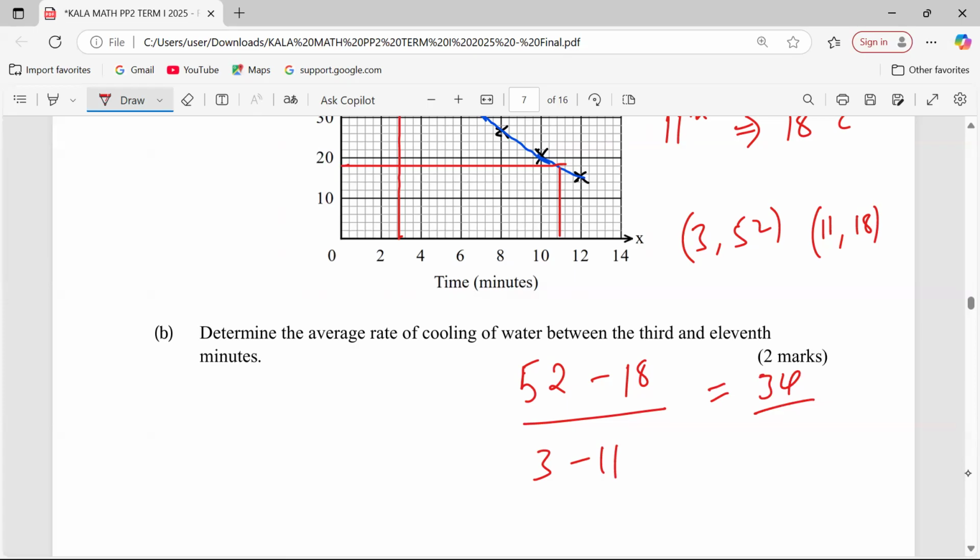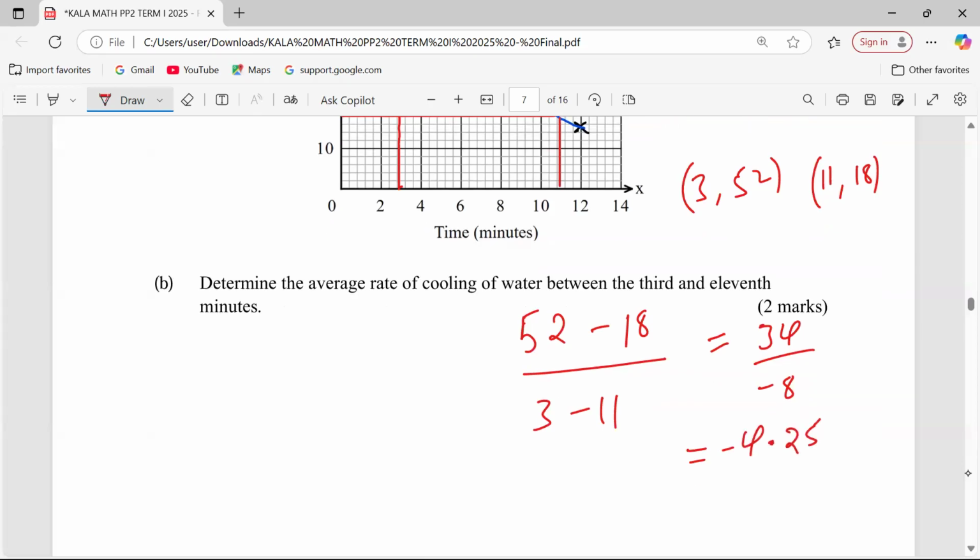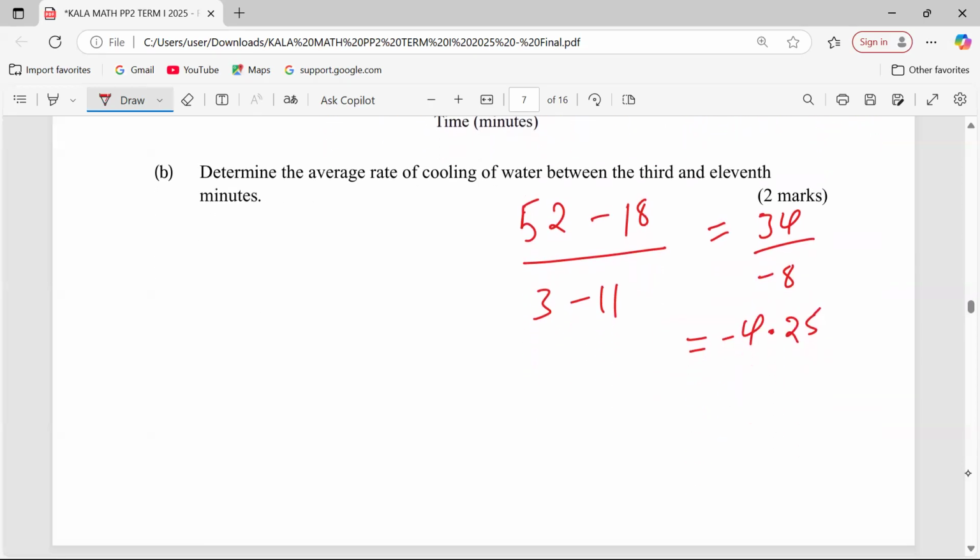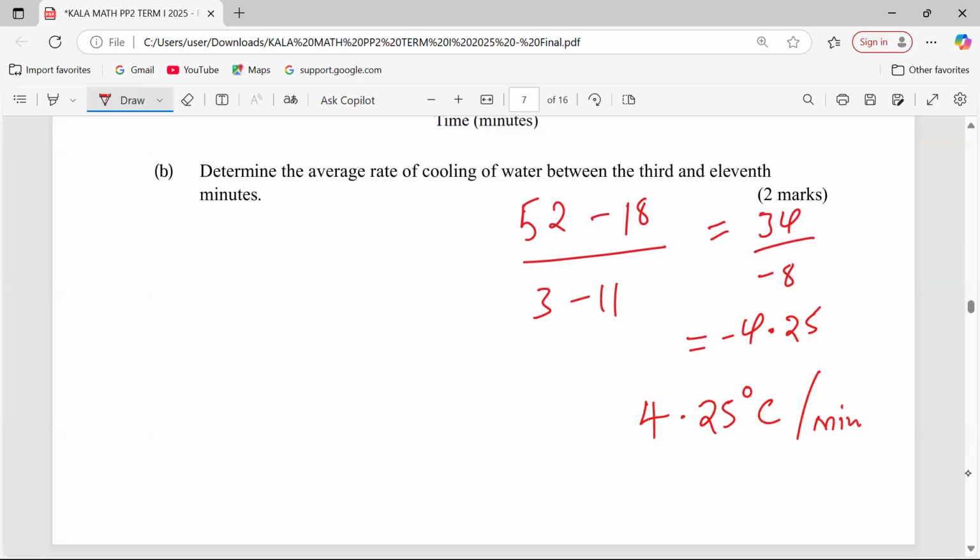This gave us 8. So the rate shall be -4.25, meaning that the negative is to mean that it was a decrease. So the rate shall be 4.25 degrees Celsius in every minute. It's per minute. Yeah, so that's how we get the rate.